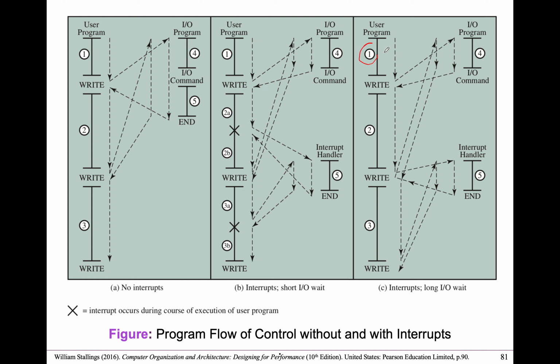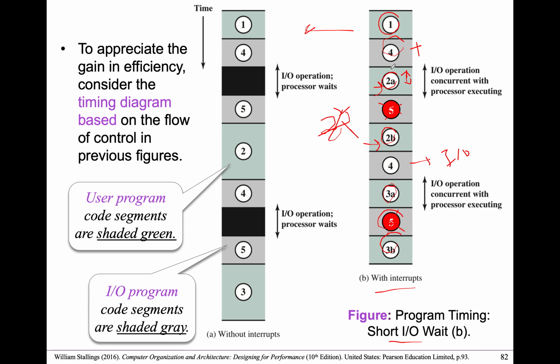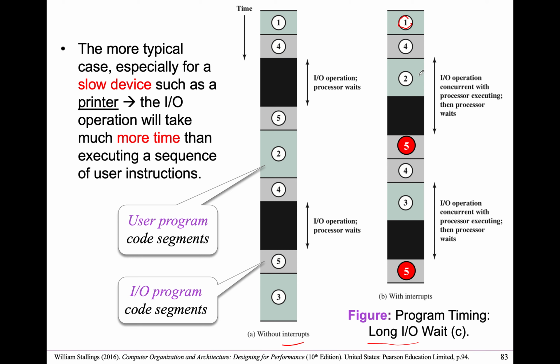User program, after that you will go to your input output program, step 4, until your input output command, but you're going to go back to your user program for your source code, and this is going to be one process, which is process B. See over here.